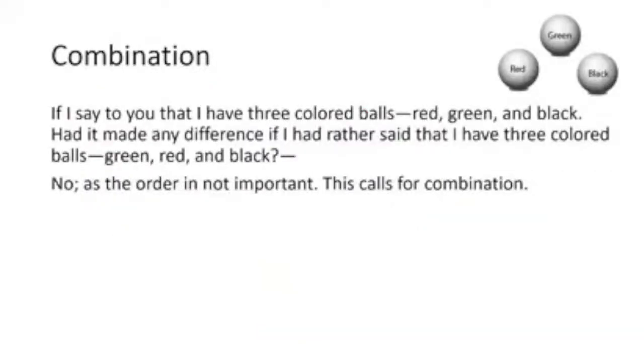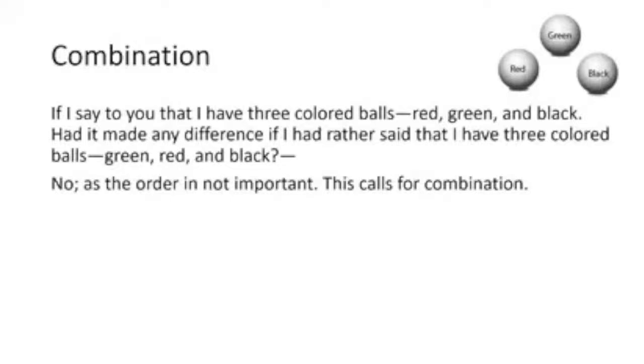So here I have 3 color balls. I want to pick up the balls here. Picking up the balls here, order doesn't matter. So combination is nothing but picking up balls from the box, that is nothing but picking up 2 balls or 1 ball.